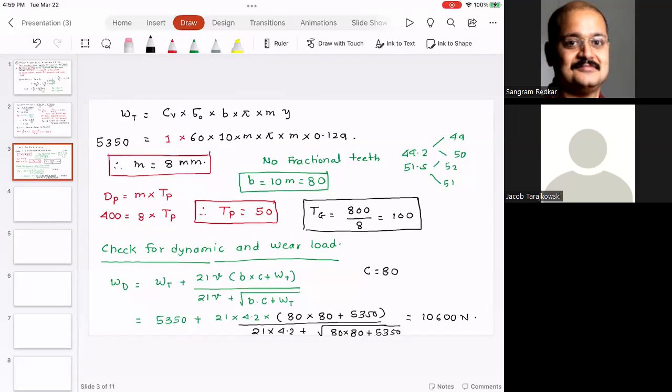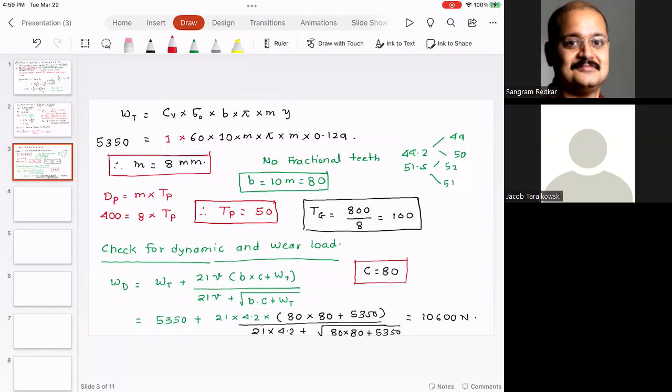That is our dynamic load. At this point, I want everyone to make sure that you are able to get the same value of C as I got. Just quickly look at the table and make sure that this C value makes sense. Did anyone get the same value of M?